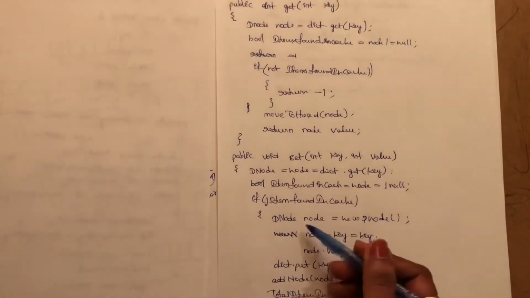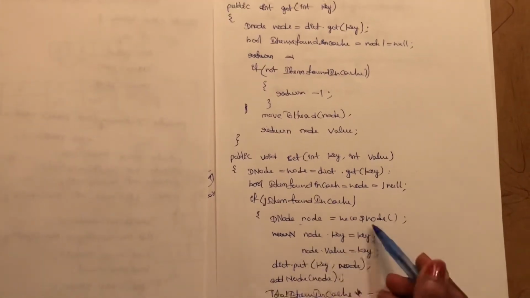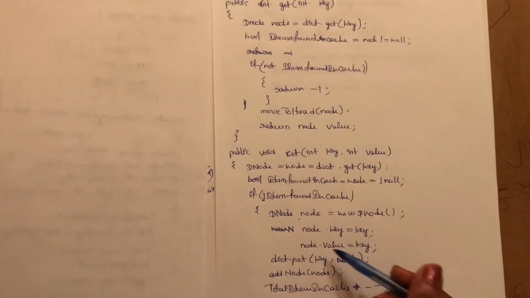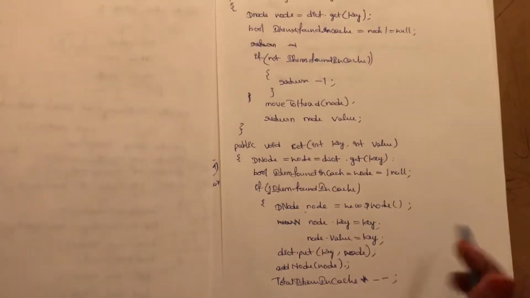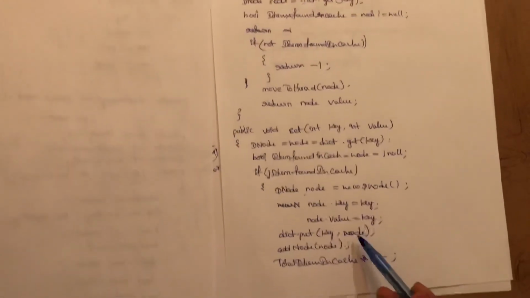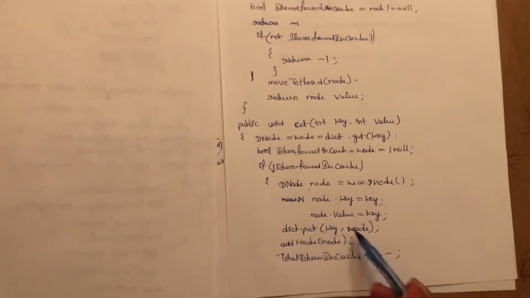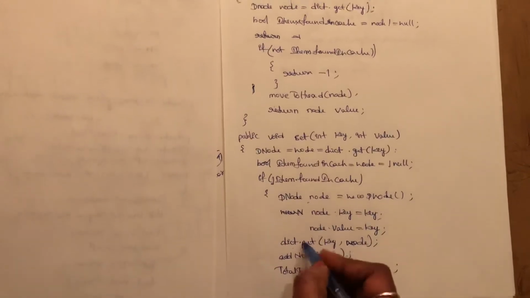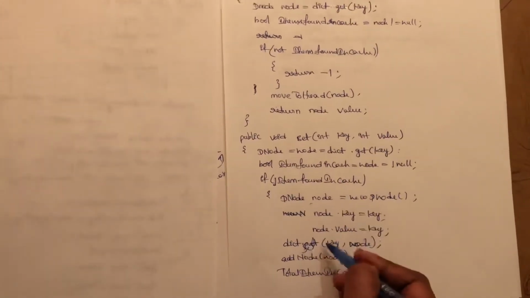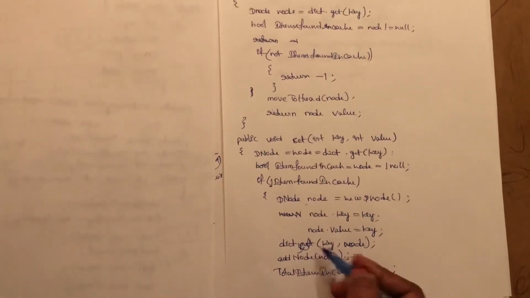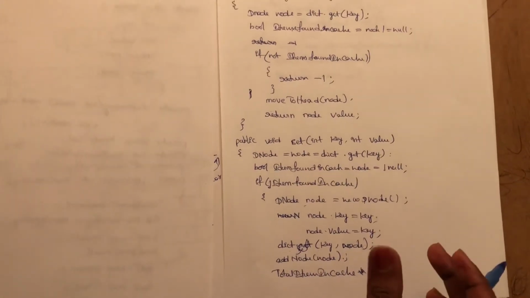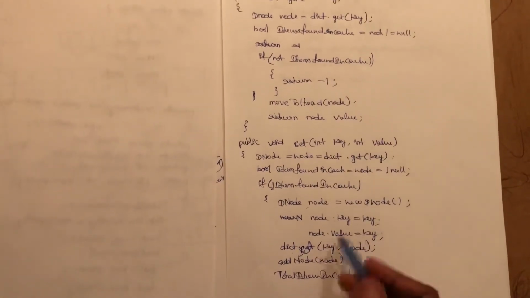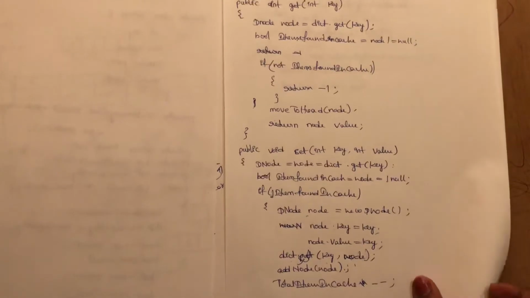So we take the new node, and the node's key must be key, and node.value is equal to value. We use the dictionary first, and by setting we are entering that element into the hash map.